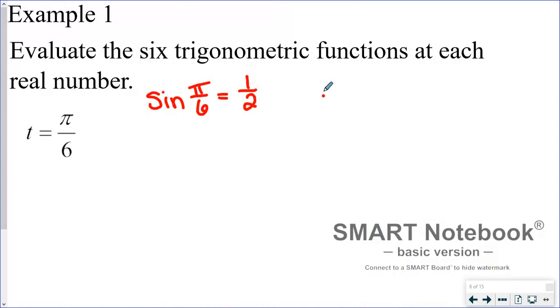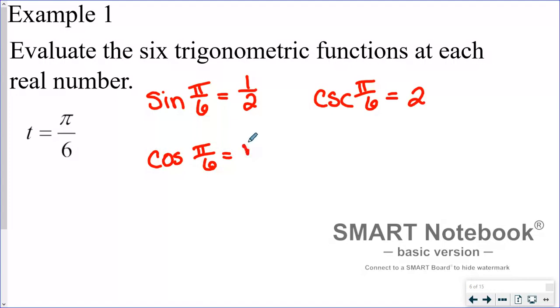Well, we know that cosecant is just the reciprocal of sine. What's the reciprocal of 1/2? 2/1, which is just 2. Absolutely. Now we can do the cosine of pi over 6. So now you go to pi over 6 on your unit circle, the x coordinate, which is the square root of 3 over 2.